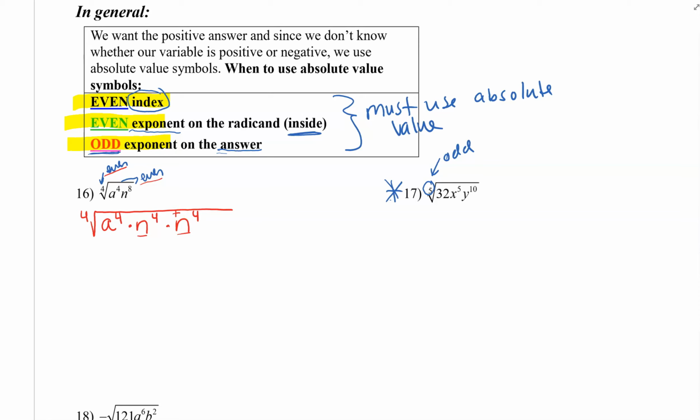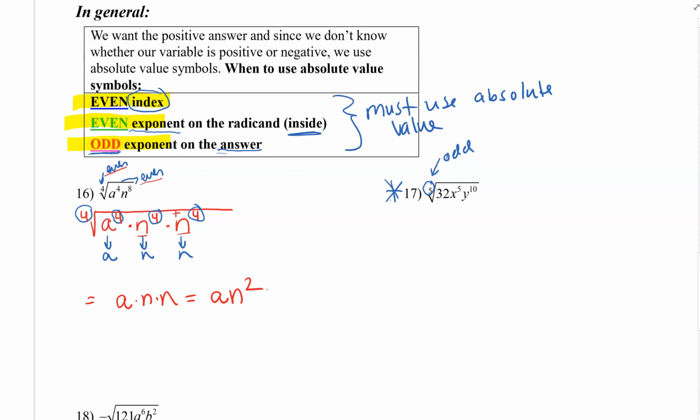So I can see everything is actually a perfect fourth root, right? I have 3 index-sized groups. They all match the index. So these are all perfect fourth roots. A fourth root of a, another fourth root of n, and then another fourth root of n. So I can simplify this and say this is a times n times n, which is a n squared.